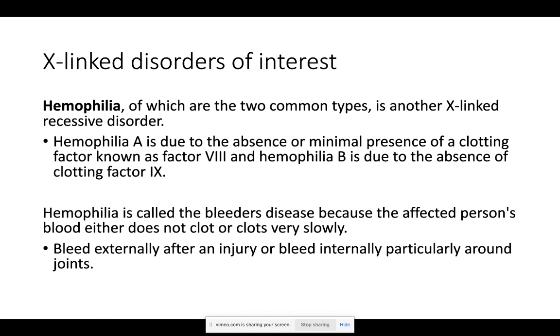Moving on is hemophilia, and again, philia means affinity for, and hemo means bleeding, so it's an affinity for bleeding. These patients inherit in an X-linked fashion. They're missing either, if it's hemophilia A, it's due to absence of factor 8, A for 8, or hemophilia B, which is just factor 9.